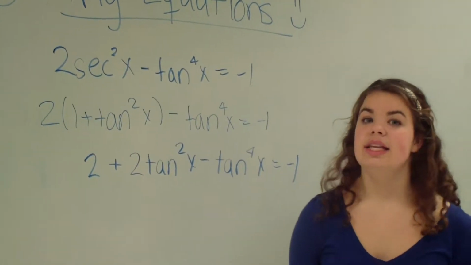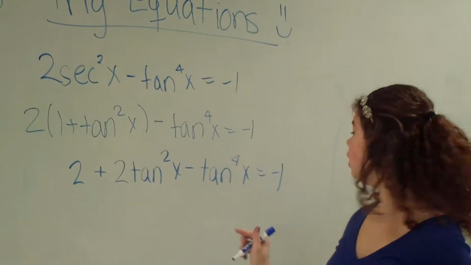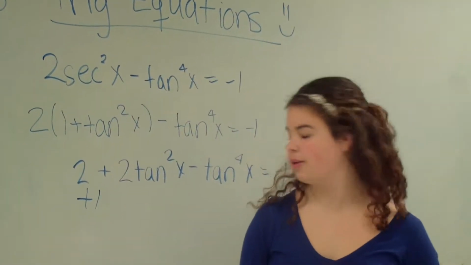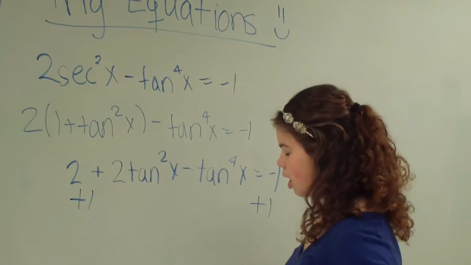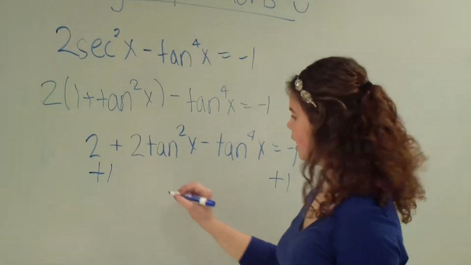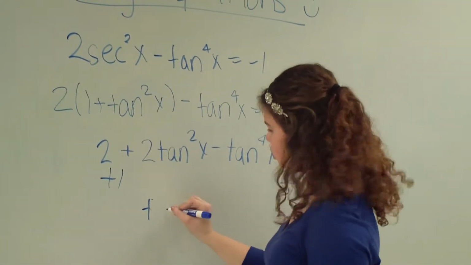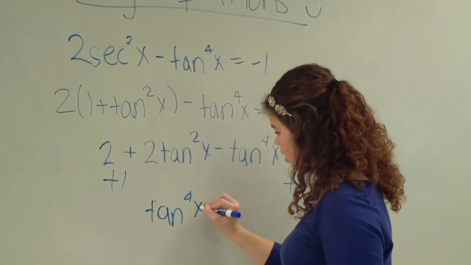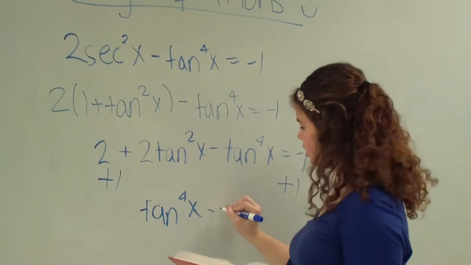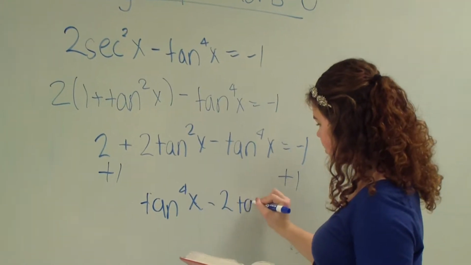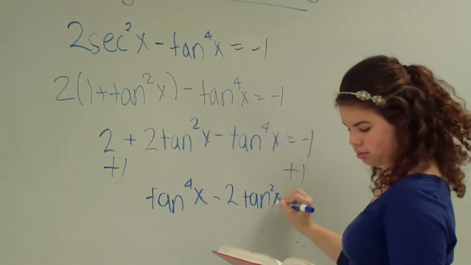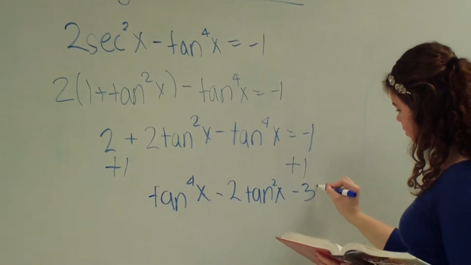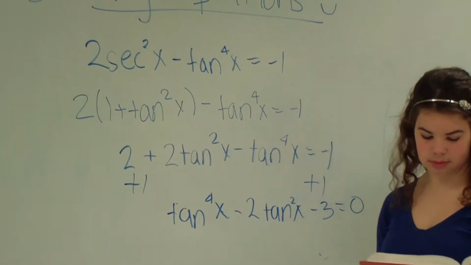And obviously, since we want to make this equation equal 0, we're going to add 1 to both sides. So you're going to get tangent to the 4th x minus 2 tangent squared x minus 3 equals 0.